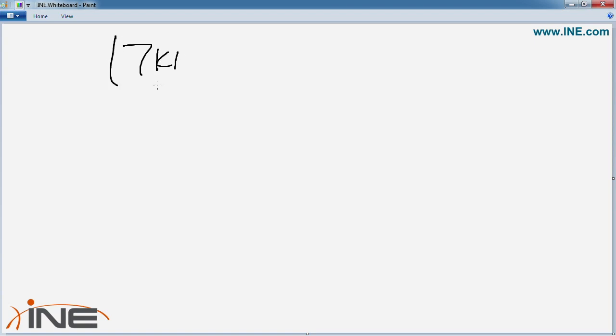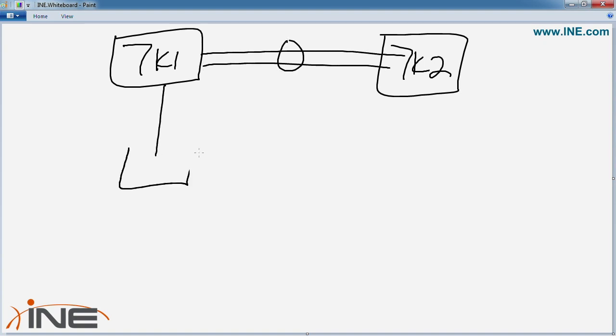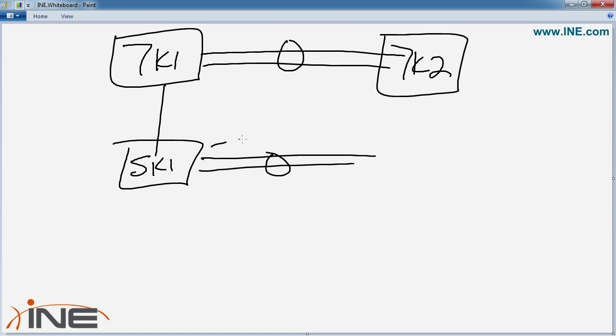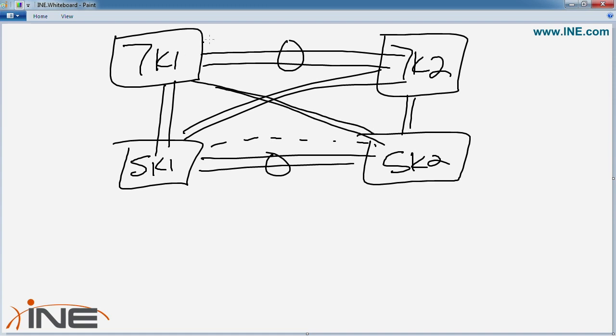We have 7K1, 7K2. So they have a VPC going down to the 5Ks, 5K1 and 5K2. So this is our back-to-back VPC here.